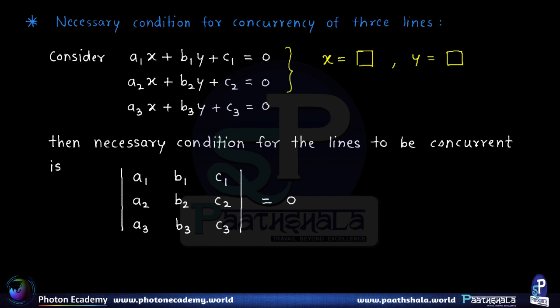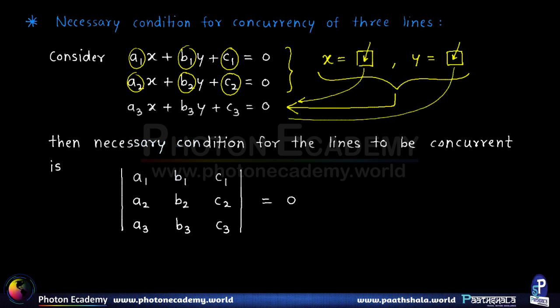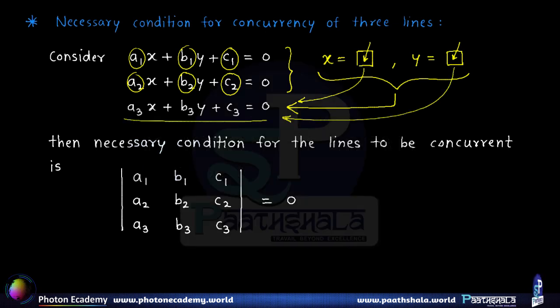Now if the lines are concurrent, that means the point that we have obtained so far must satisfy the equation of the third line also. So whatever values we have got for x and y, which are in terms of a1, a2, b1, b2 and c1, c2, those values we substitute in the third equation, and hence we get a relation between all the a's, b's and c's.